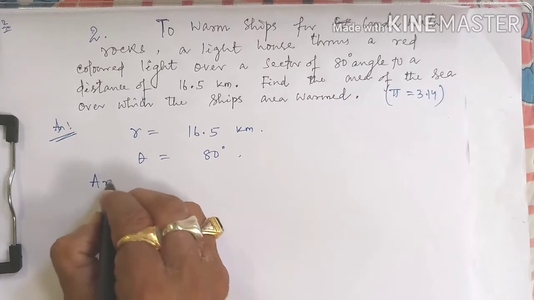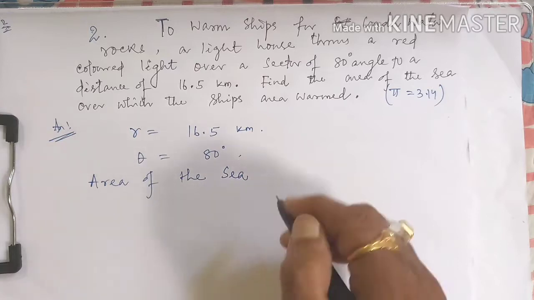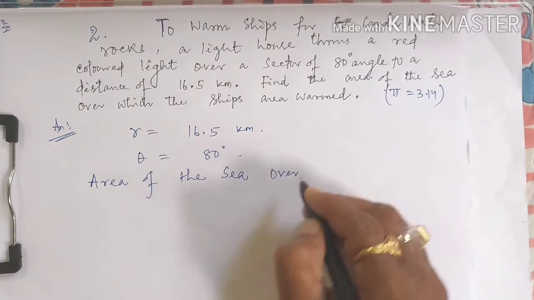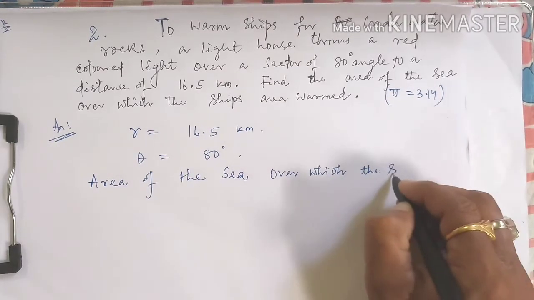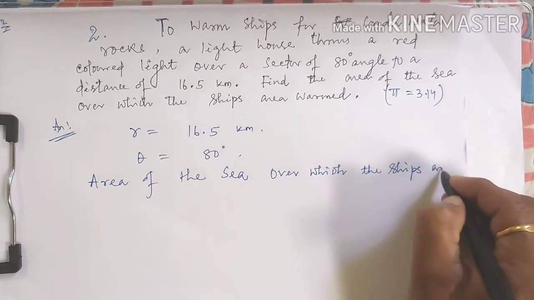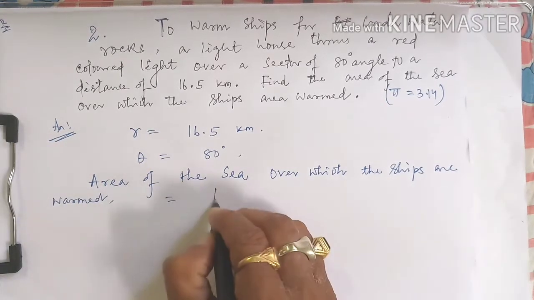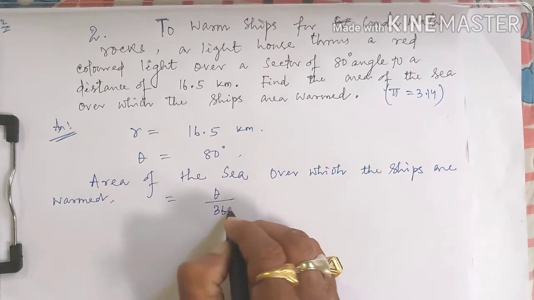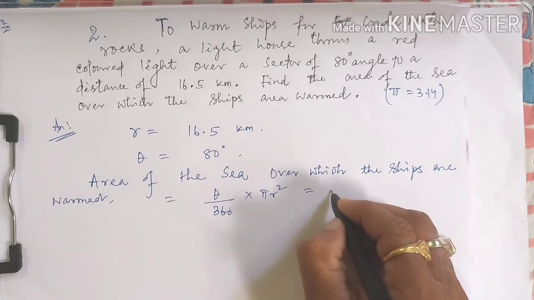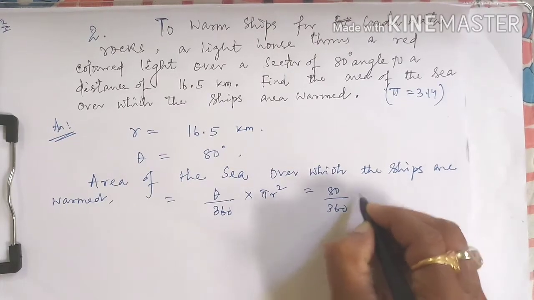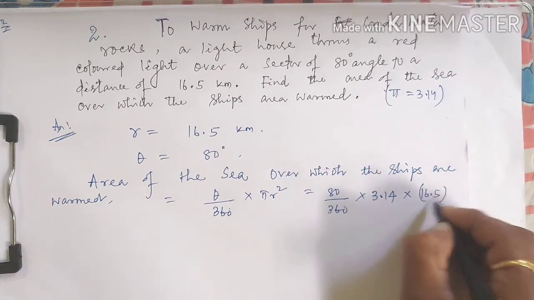That means the area of the sea over which the ships are warned is equal to theta by 360 degree into pi r square, which is 80 by 360 into 3.14 into 16.5 square.